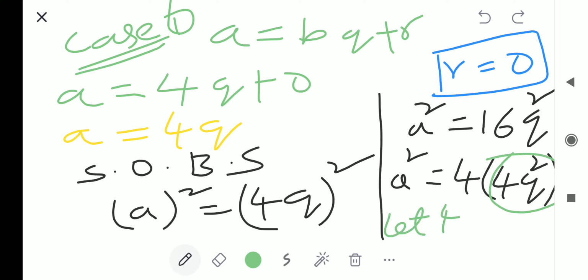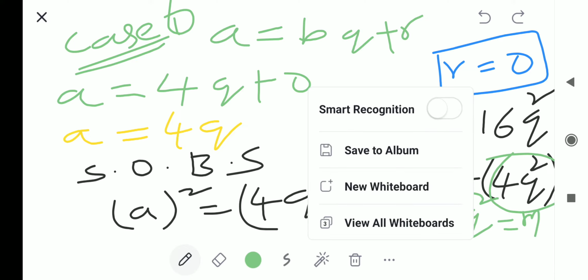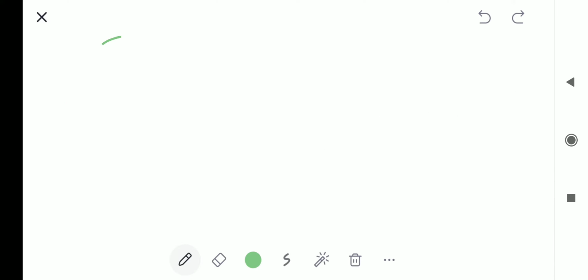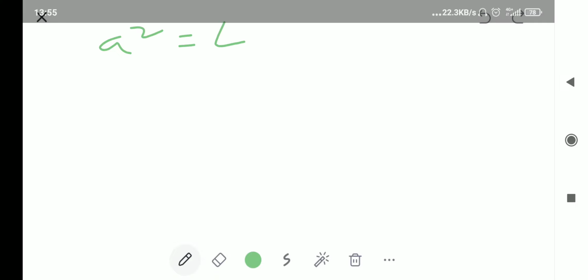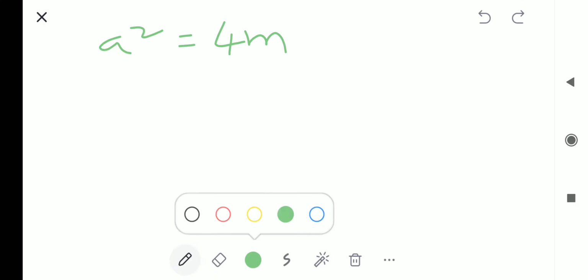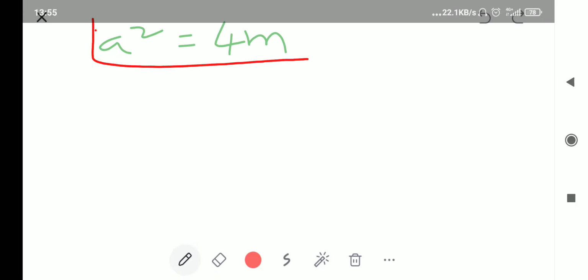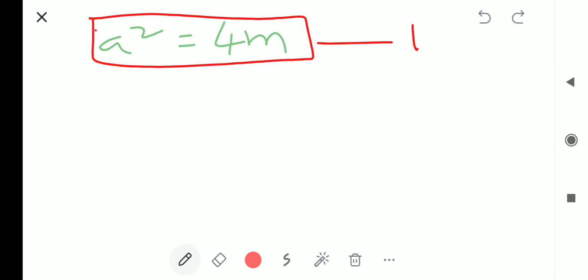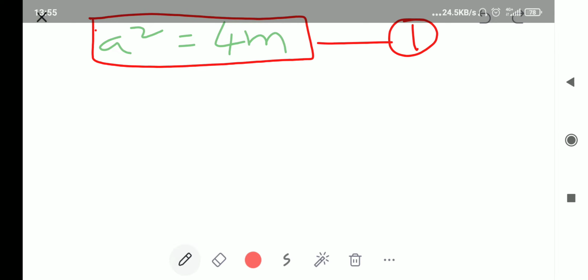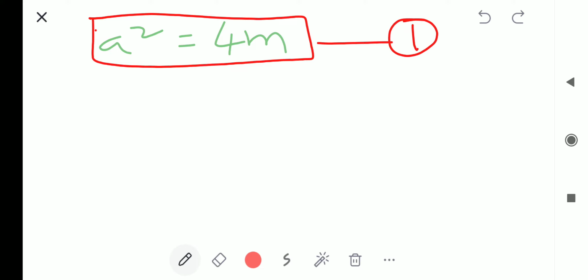I can get A square is equal to 4m. So where A is an integer, the square of integer we got in the form of 4m, where if Q is an integer, definitely m will also be an integer.